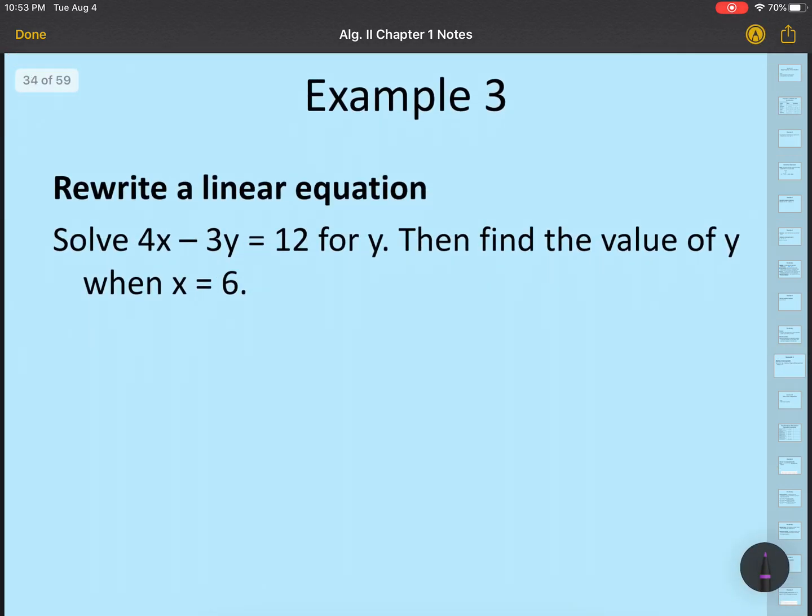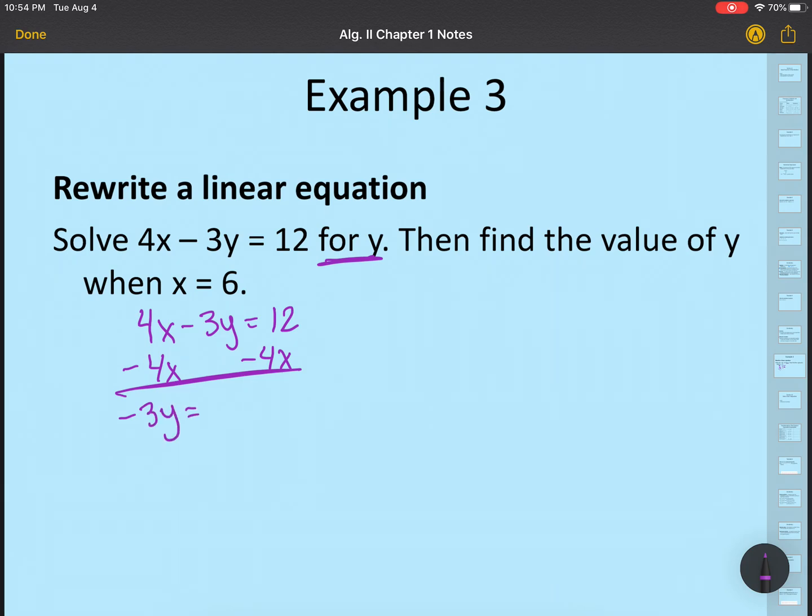In example 3, this is our linear equation. Now we're going to try to solve for y. An actual variable that we see a lot of times is x or y. Well, in this case, it's y. So let me rewrite my linear equation here. And I'm solving for y. I need to get that 4x term on the other side, so I'm going to subtract it. So I'm left with negative 3y equals 12 and negative 4x.